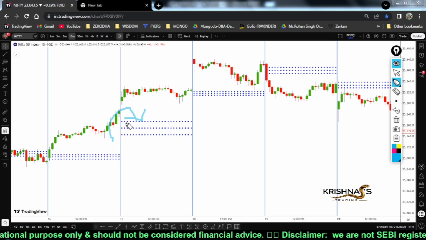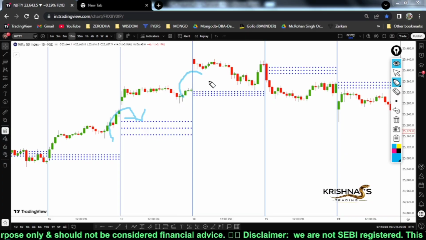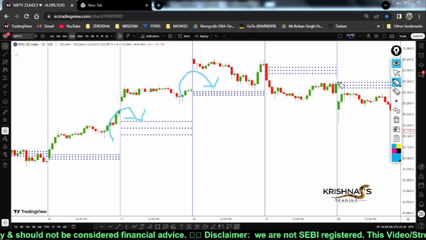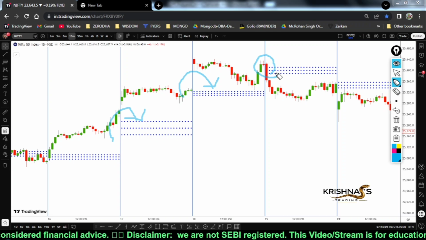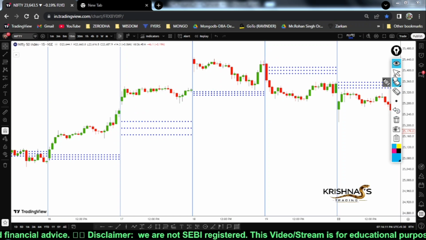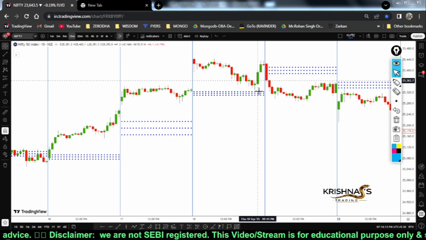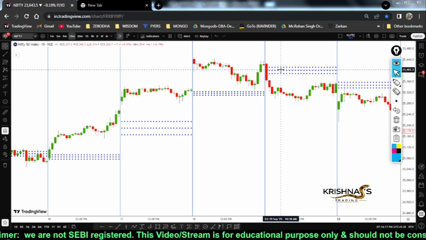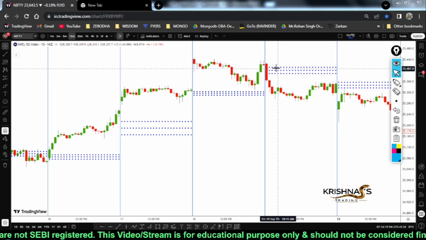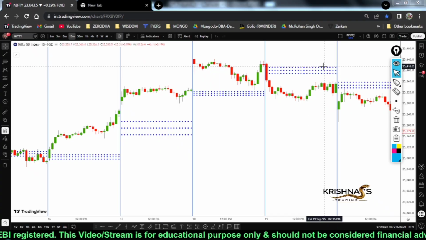This is an ascending CPR, and this one also ascending CPR. Coming to this one, even though the CPR levels formed above the previous day session CPR levels, the candles or price did not sustain above the CPR. So we should not consider this one as an ascending CPR.